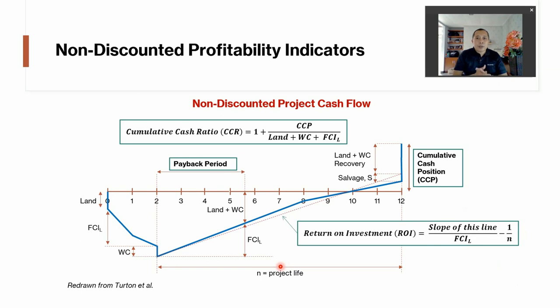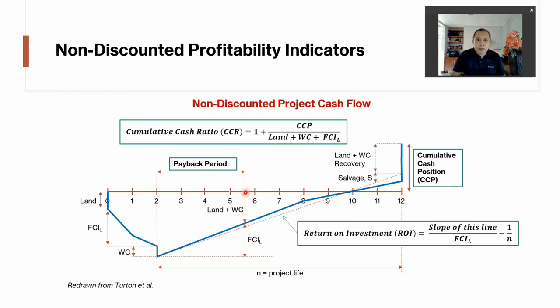This is an example of a typical non-discounted project cash flow. This figure gives you a visual idea of what those non-discounted profitability indicators mean. For example, the payback period is this one here. This would be the period when the cash position is roughly equivalent to land plus working capital.